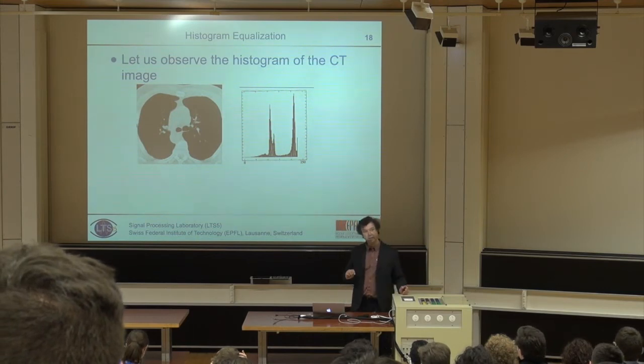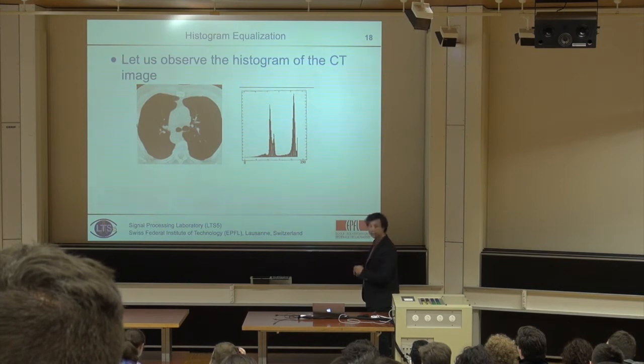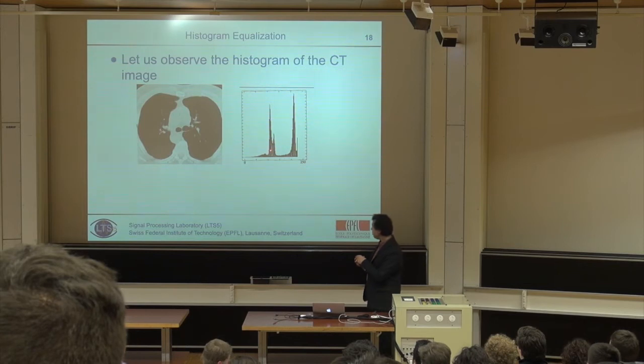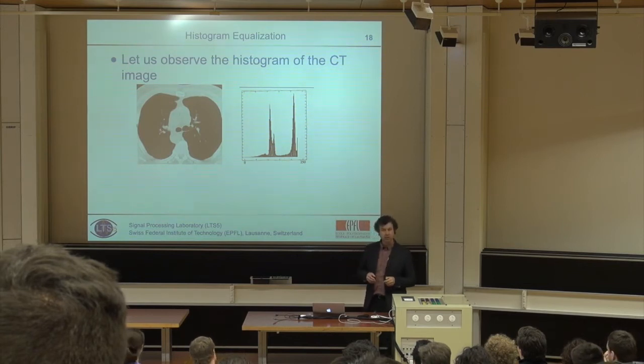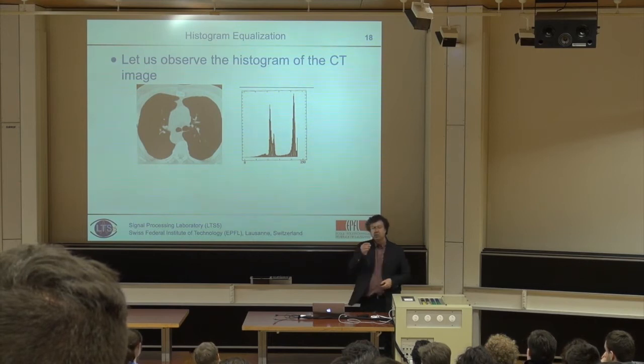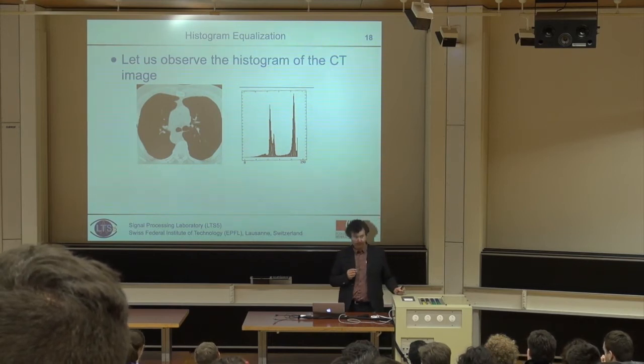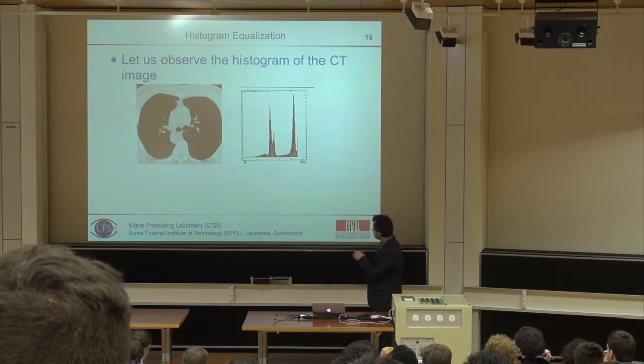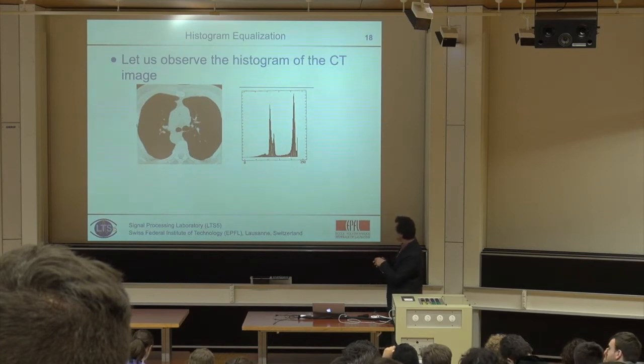But if you look carefully, you see that there are actually two peaks here. In the black pixels, you have a large number of very dark pixels, and also quite a large number of just a little bit brighter. You don't see them. The contrast is so close to each other that you don't see them. But they are there.